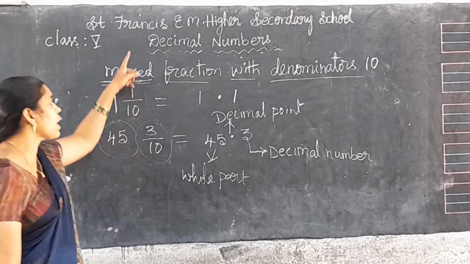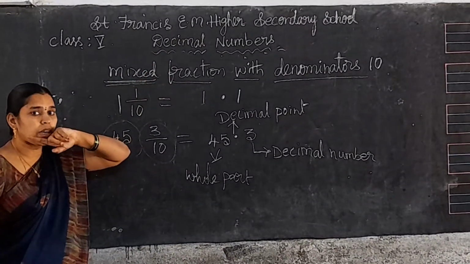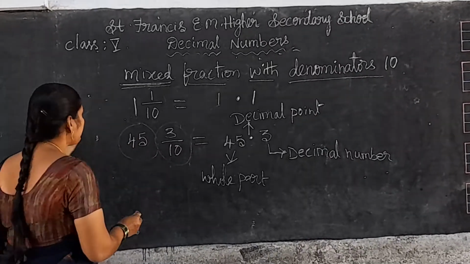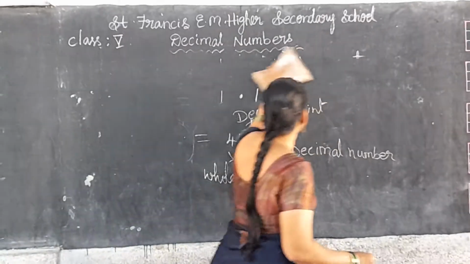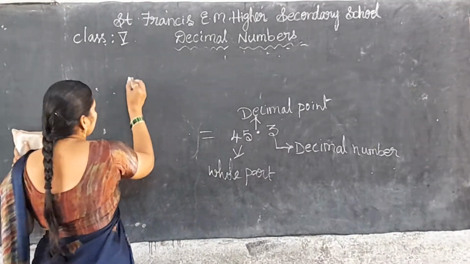That means, in a simple manner, what do we say about a decimal number? The fraction having 10, 100. Now I am going to explain the decimal number definition.